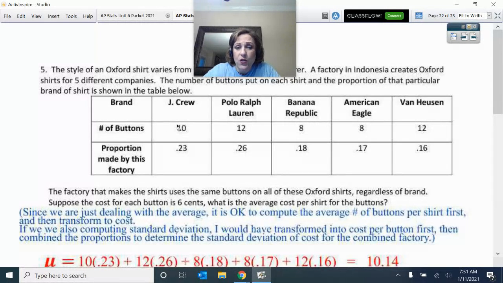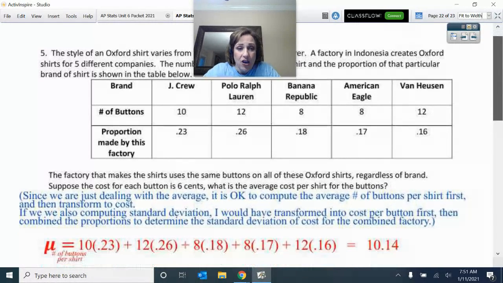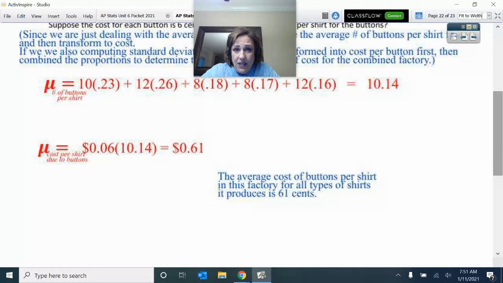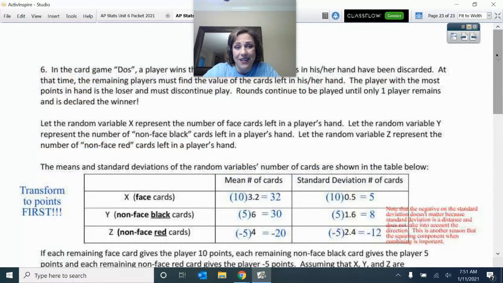I should have gotten those numbers first by multiplying and then done the combining of the frequency that those costs happen. So that cost times 0.23 and so on. That would have made a difference if we were doing standard deviation, but thankfully we were not. So I had the freedom to change the order on the mean.